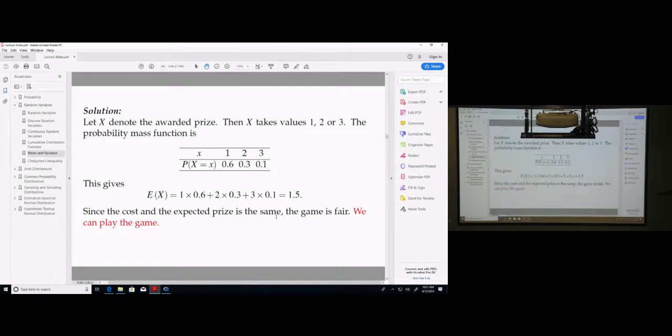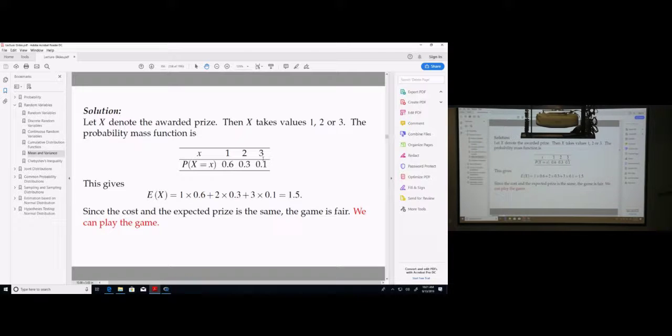The first thing is we want to tabulate this. If you don't like using R, you can actually use Excel to do it. This will be your X, column 1, 2, 3, and in the other column you write down the probability. Then just multiply corresponding cells on the same row and add them up.